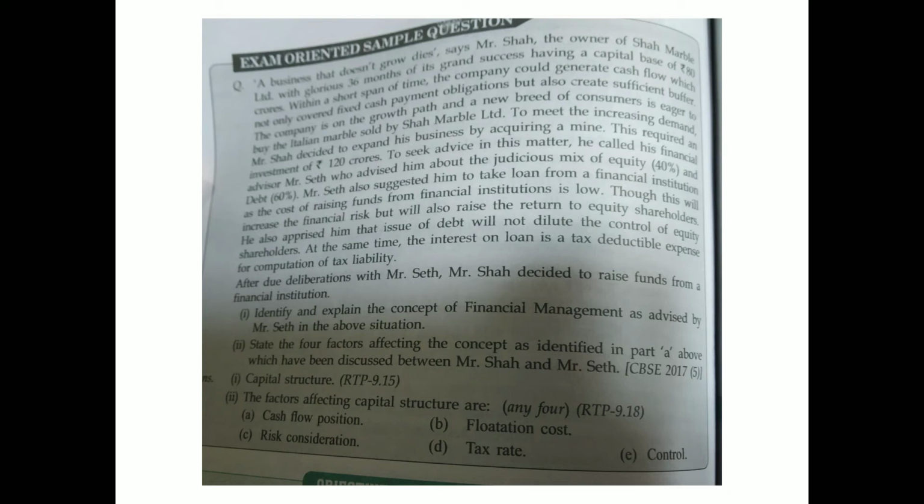To seek advice in this matter, he called his financial advisor Mr. Seth. So now we can understand that in the second question, we are asked to write about the conversation happening between Mr. Shah and Mr. Seth. So till here the background of the case is given that they want to invest rupees 120 crores in acquiring a mine because their business is growing and also they have cash backup with them.